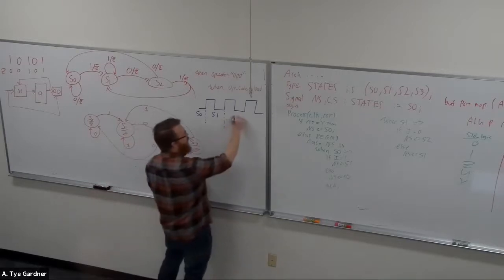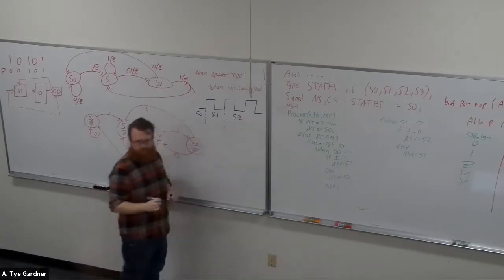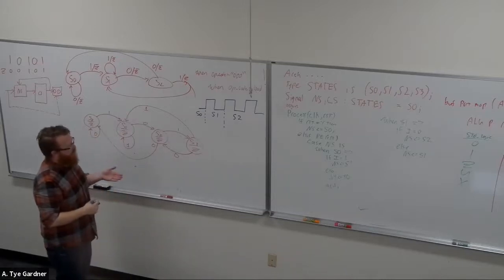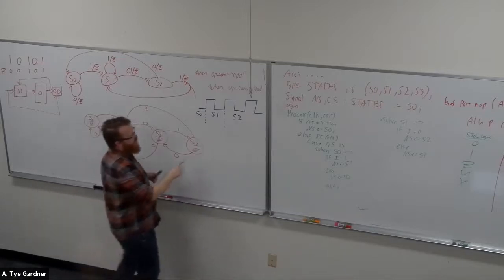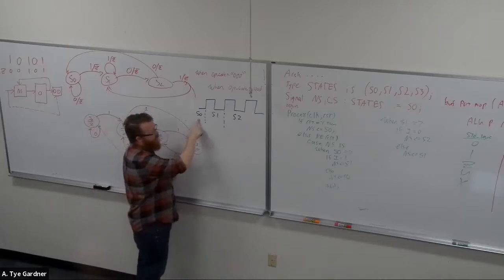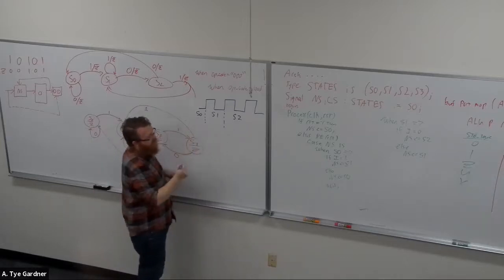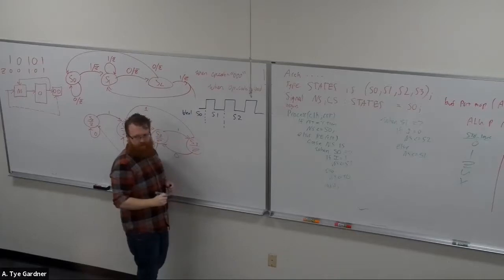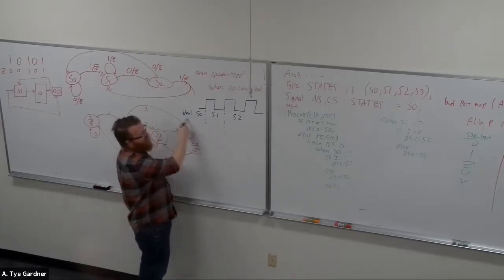So then here I want to go to S2, right? Okay, well, here's what happens in reality. So I'm in state 0, and there's a rising edge of the clock. And what I'm going to see, I'm going to just call this ideal, because this is actually my current state. This is ideal current state.